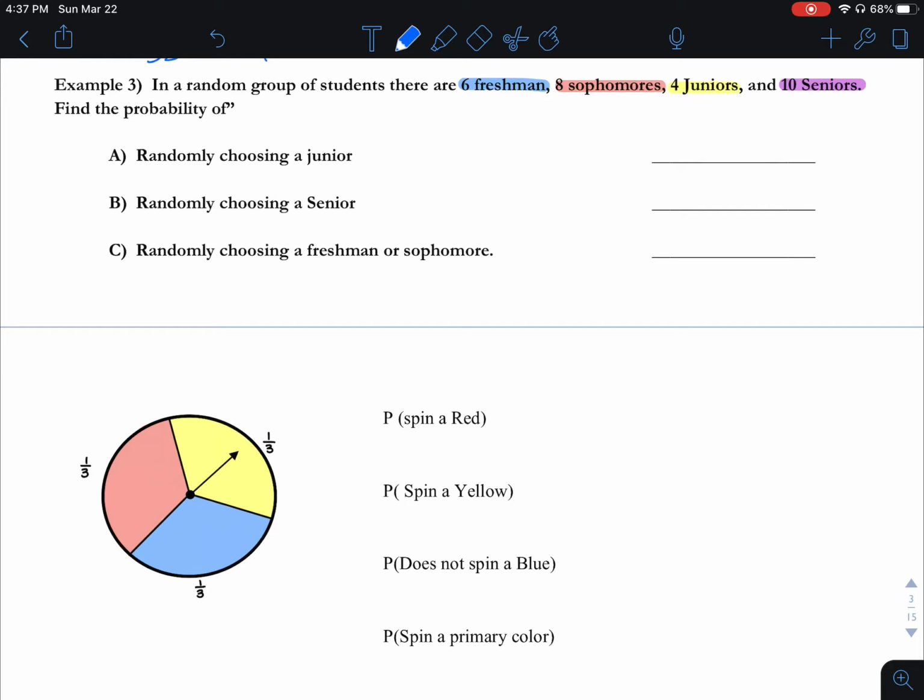Well, what's the total? How do I get the total? If I have 6 freshmen, 8 sophomores, 4 juniors, and 10 seniors, well, to find the total, all I'm doing is adding up those numbers. So I'm adding 6, 8, 4, and 10. When you add them all up, you should get 28 total students.